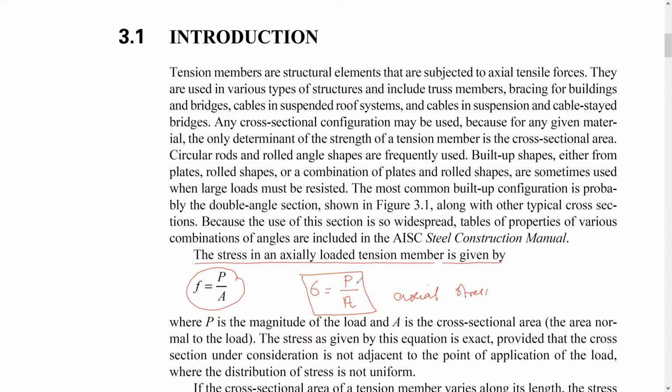Here P is the load magnitude, and A is the cross-sectional area, the area normal to the load. Once again, if this is a tension member, P is the force magnitude and here is the area perpendicular to the load, what we call the cross-sectional area.